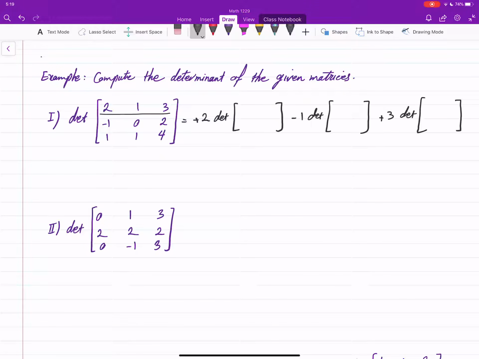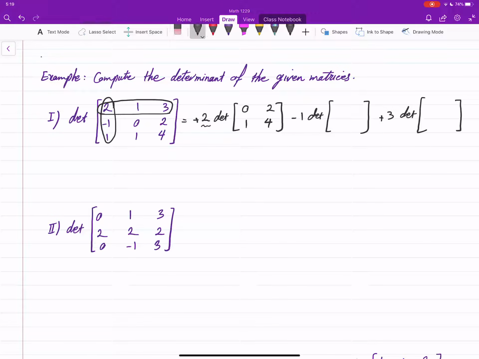What are these 2 by 2 matrices? For the first entry, you cover the row and column of that entry. The remaining is, you see here, 0, 2, 1, 4. That's the first 2 by 2 matrix.